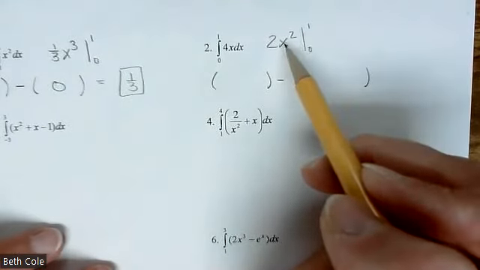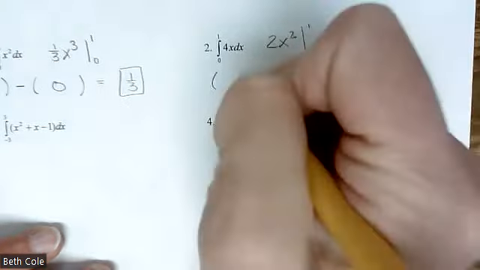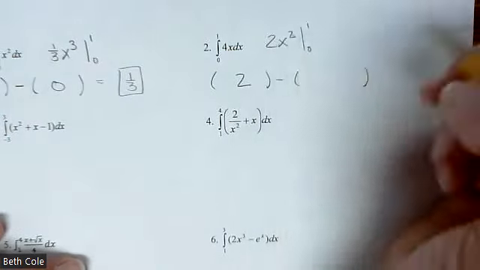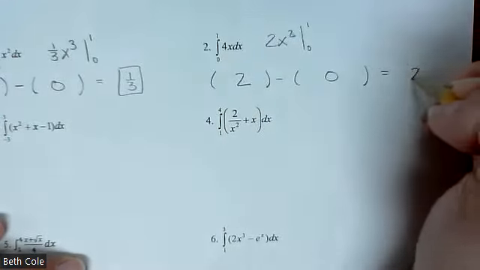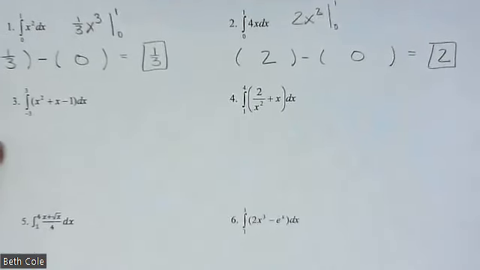So if you plug in 1, 1 squared is 1, times 2 is 2. We're struggling with the arithmetic today. All right, and then if you plug in 0, you just get 0, so the answer is 2. Again, if they seem fairly simple, we'll work it all the way out. If it's needlessly complicated, then we'll just stop.